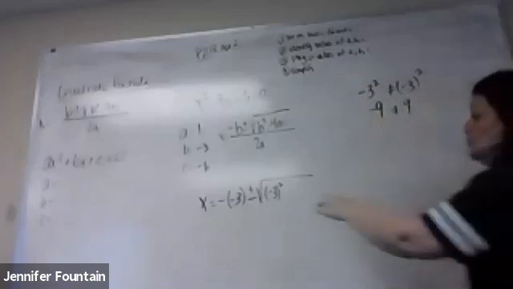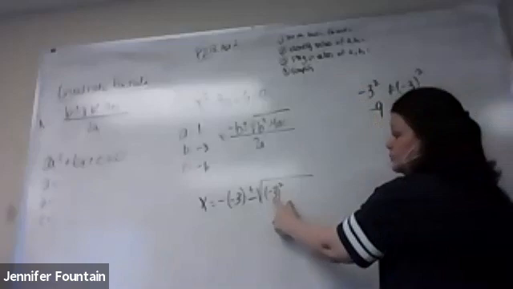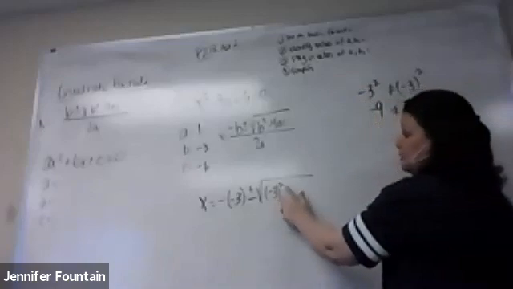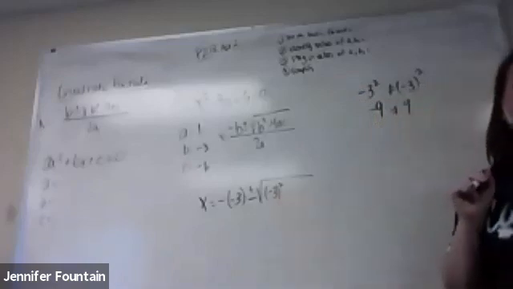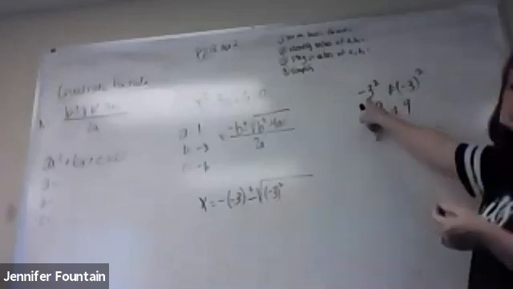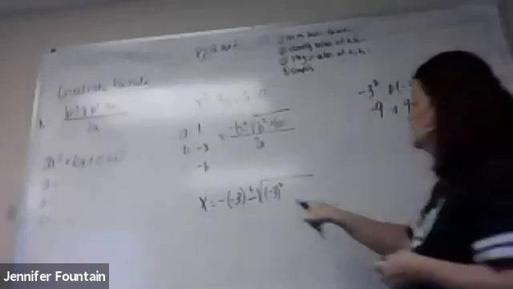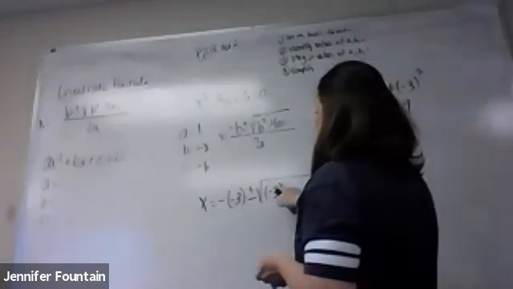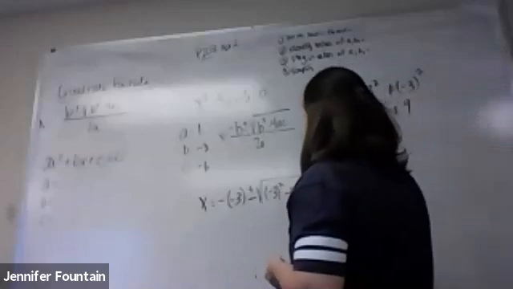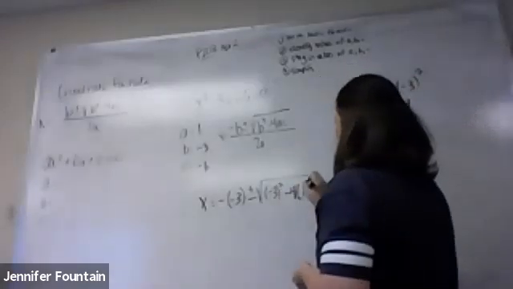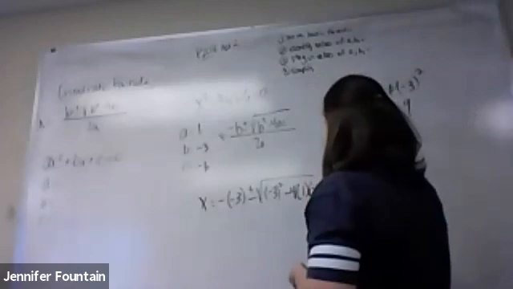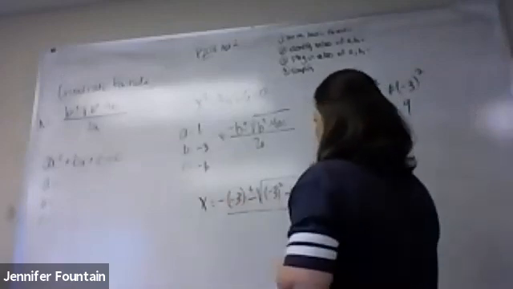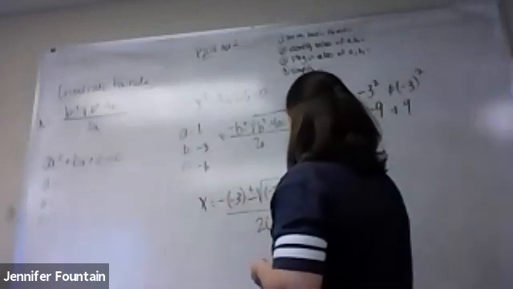That's why I like to put this in parentheses, because now I can see this is (-3) squared. Okay, it's not -3 squared like this. Okay. So I put in parentheses my (-3) squared minus 4 times a is 1, c is -6, all over 2 times 1.